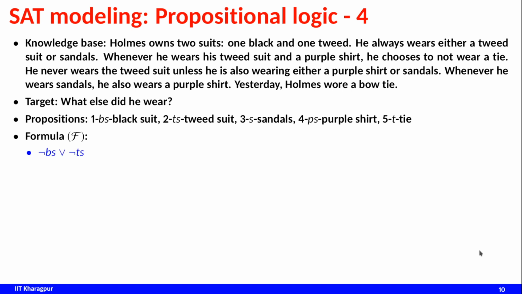The first one, Holmes owns two suits, one black, one tweed. So it will be not BS or not TS, because he can wear at most one suit at a time. So both things cannot be true together, so this will be true.